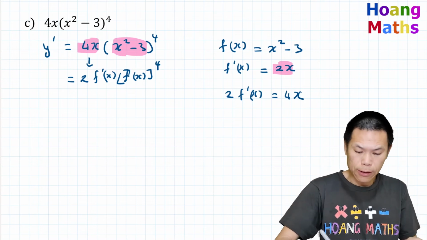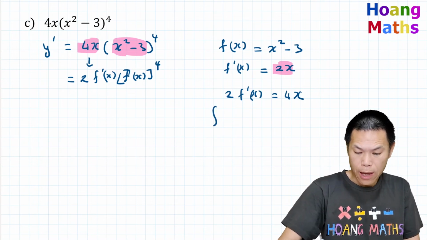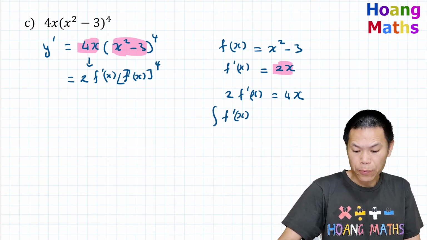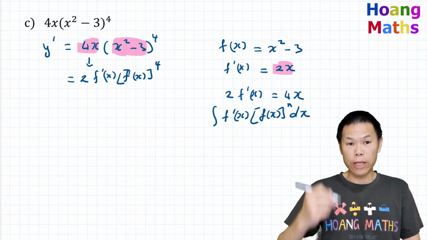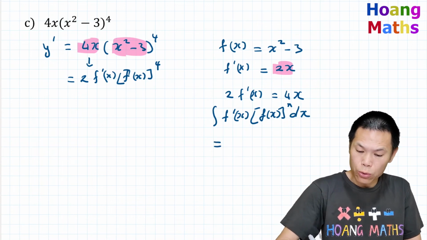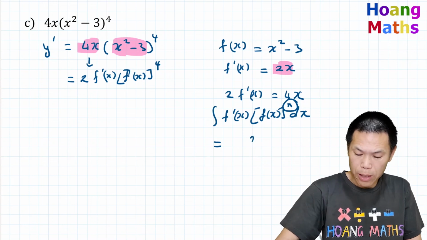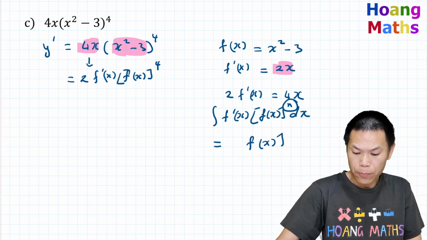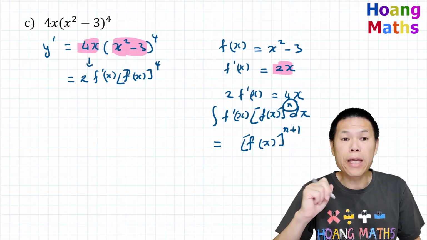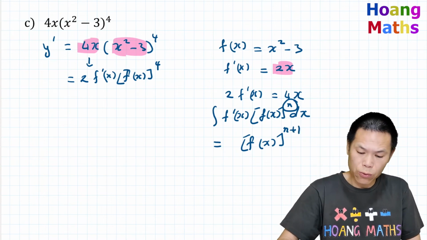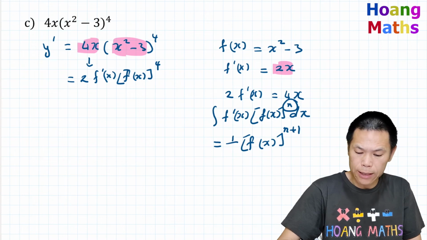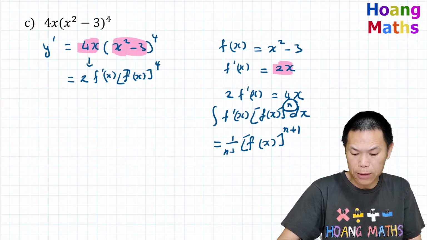And the rule is, if we integrate f dash x, f of x, all to the power of n dx, of course, that will give us, we just add 1 to it. So that becomes f of x, all to the power of n plus 1, and we divide by n plus 1. So we could just write in this form, that is exactly the same as 1 over n plus 1.